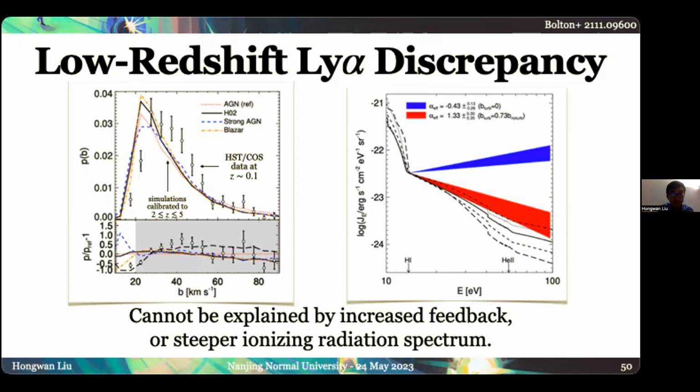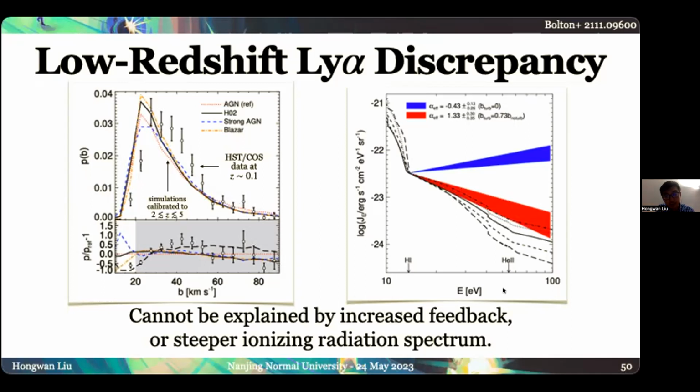with the data. Another thing you could do is say that each of these sources is emitting a harder radiation spectrum, so they're emitting more UV photons, which then leads to more heating. But again, the spectrum that you need in order to accomplish this extra heating is shown in blue on the right.